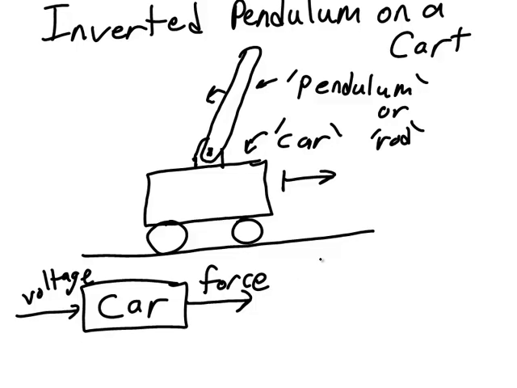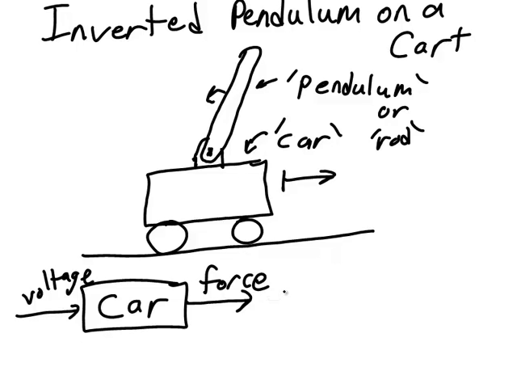Now I know that usually we take the output of the car to be velocity, but if you remember back when we first started modeling electric motors, I also derived the transfer function of an electric motor between the voltage and the torque. So for today's example, I'm going to take the output of the car to be force on the bottom of the pendulum, because that's going to make our pendulum modeling case a little bit easier.